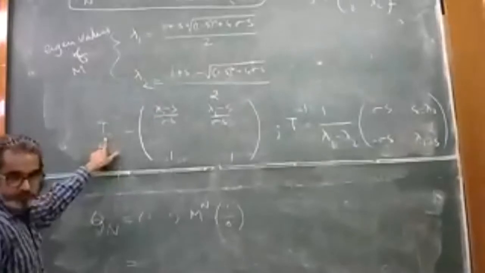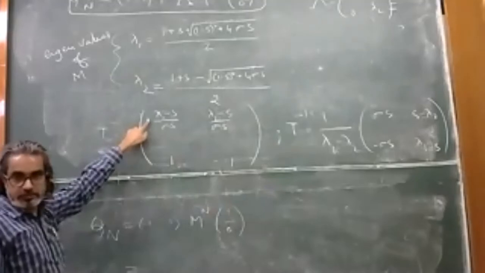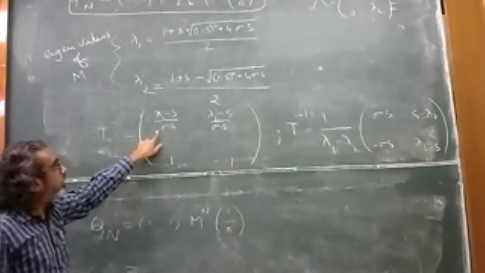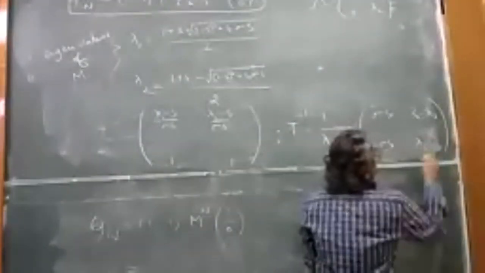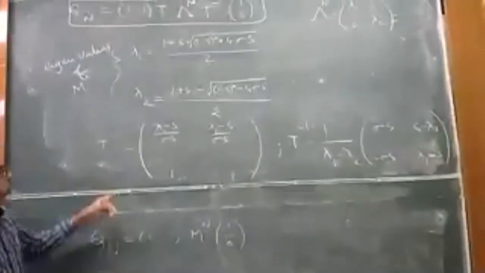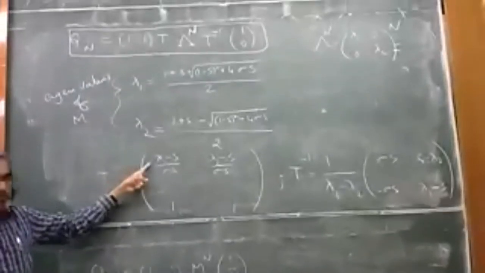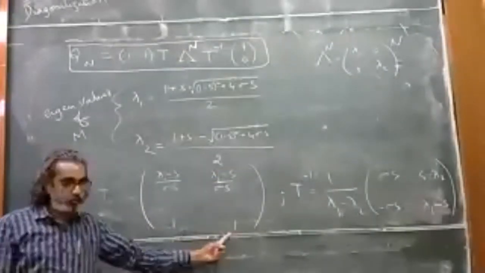So matrix T: lambda 1 minus S by sigma S, lambda 2 minus S by sigma S, 1, 1.